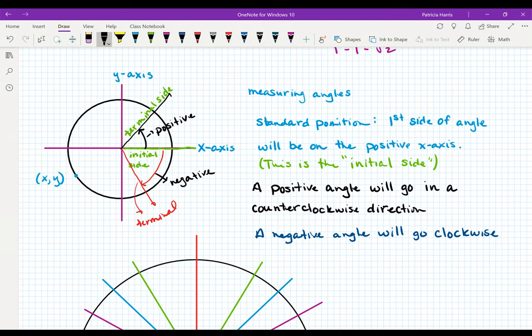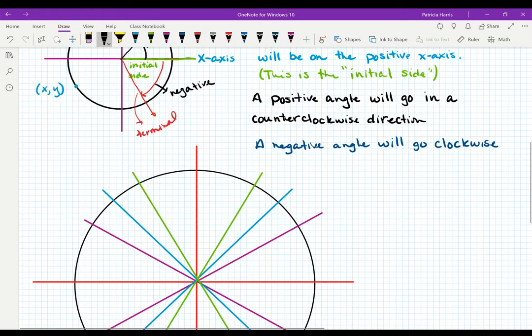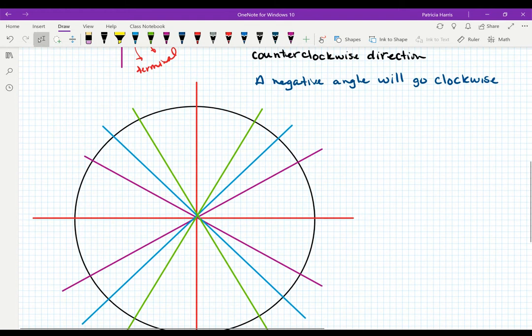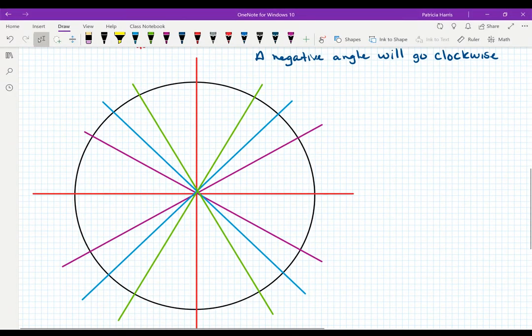All right, so what we're going to do is build our unit circle. Okay, now this unit circle has certain angles on it. You see a circle with all of these lines on it. Let's talk about just the X and Y axis, what you're used to.